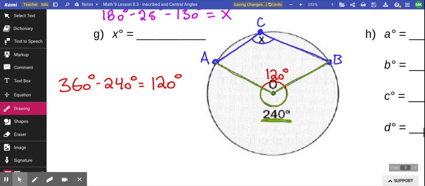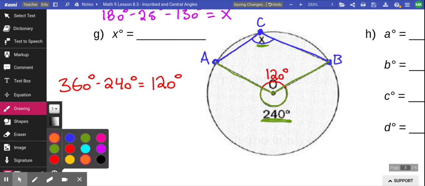The 240 links up to this one. The reason being is the arc that connects those 2 points. So when you're talking about point A and point B, the arc that connects them is this arc length right here. Therefore, when you're talking inscribed angles and central angles, you must be using the same arc, opening up to the same arc.